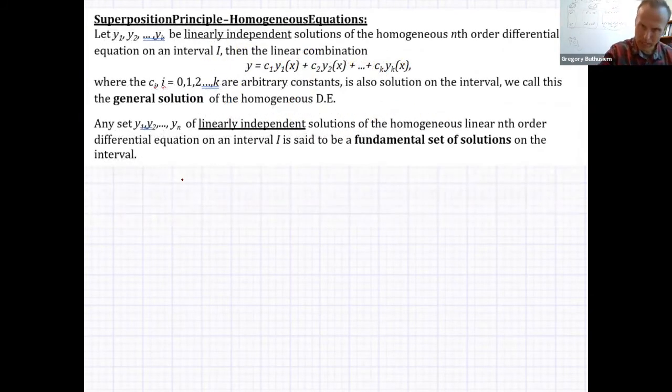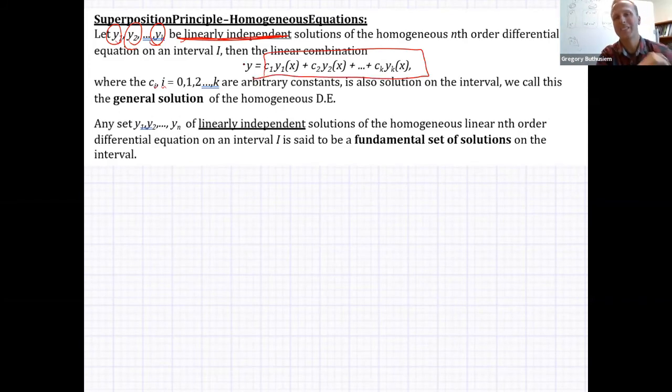Before we get quite to there, if we just look at the homogeneous ones for right now, the equal to 0 ones. If we find a bunch of separate solutions to the homogeneous differential equation, y1 is one solution, y2 is another solution, y3 is another solution, and they're all linearly independent, then we're going to say that the linear combination of all those solutions is also going to be a solution to the differential equation.